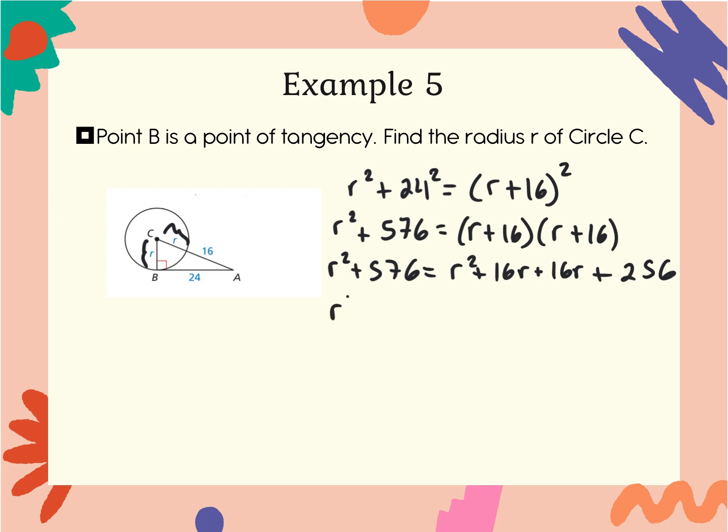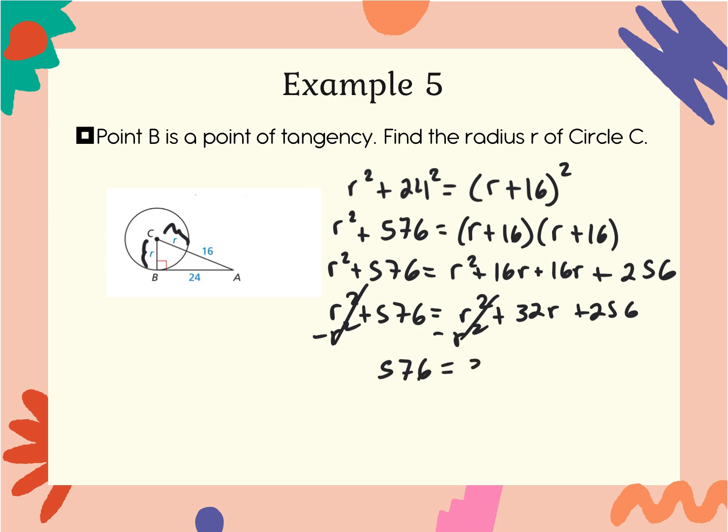So I'm going to get r squared plus 576 equals r squared plus 32r plus 256. I'm going to go ahead and start combining by subtracting r squared. They happen to cancel each other, which is perfect. 576 equals 32r plus 256.